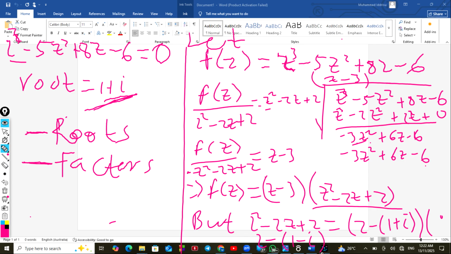So we know that this is the same as this guy, so we can replace the product of this, z minus 1 plus i multiplying z minus 1 minus i. We can replace z squared minus 2z plus 2 by these two guys. Okay, so let me make out some more space and finalize everything.